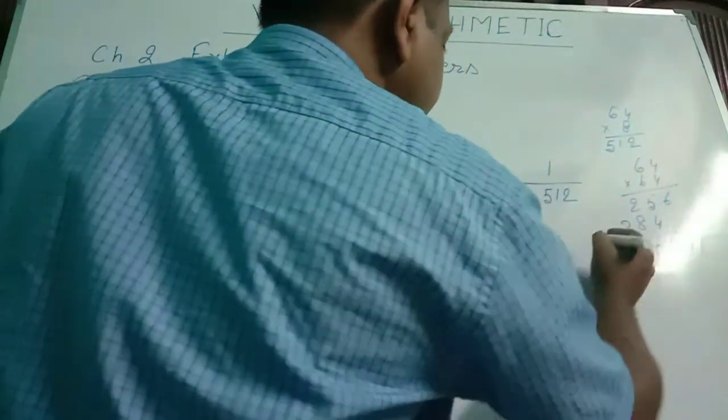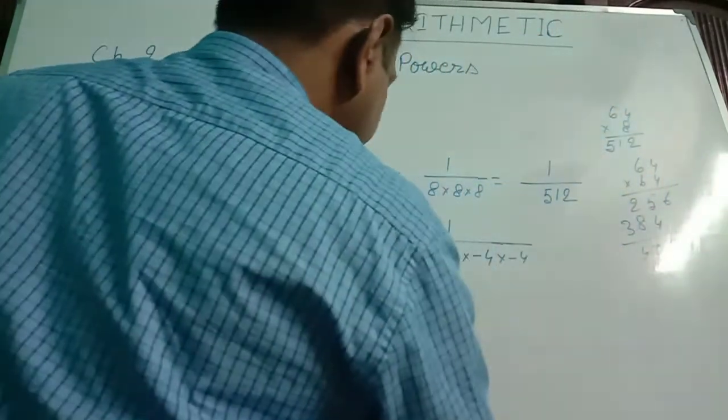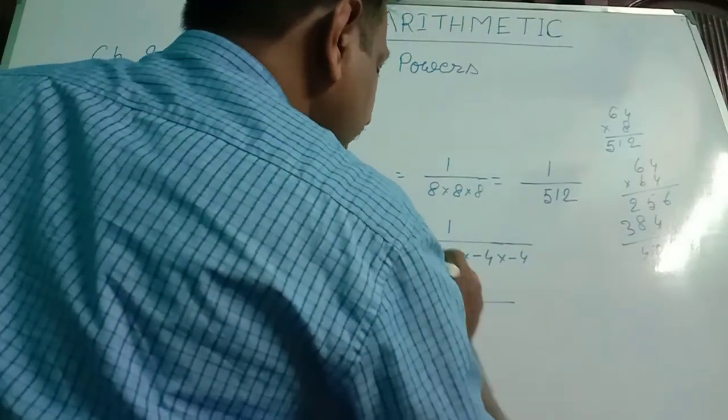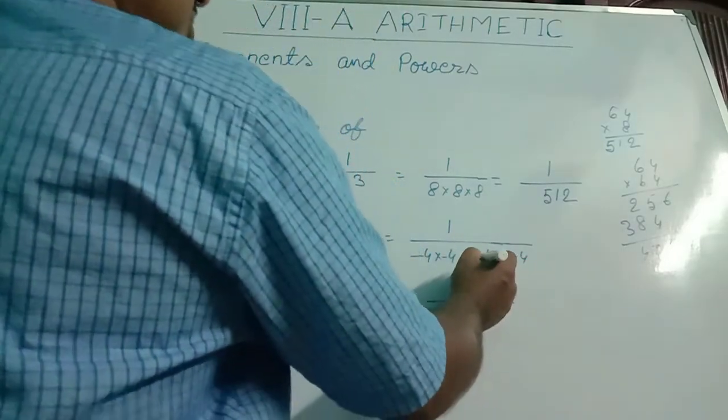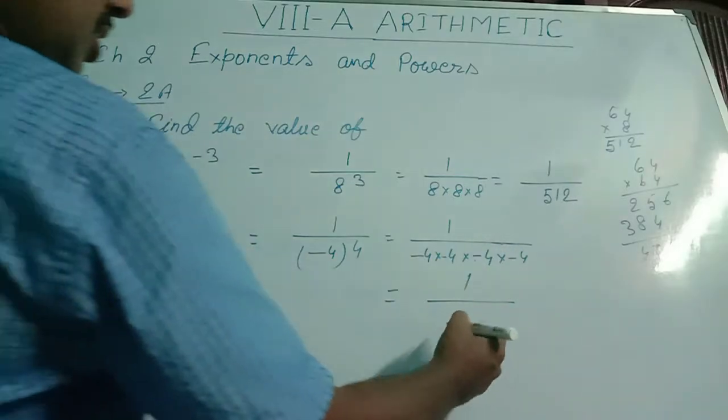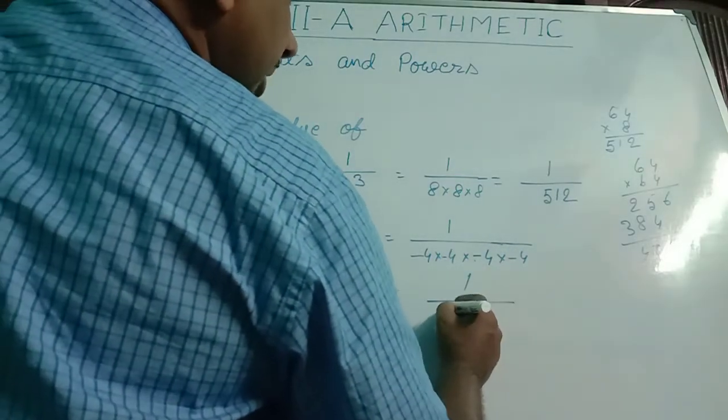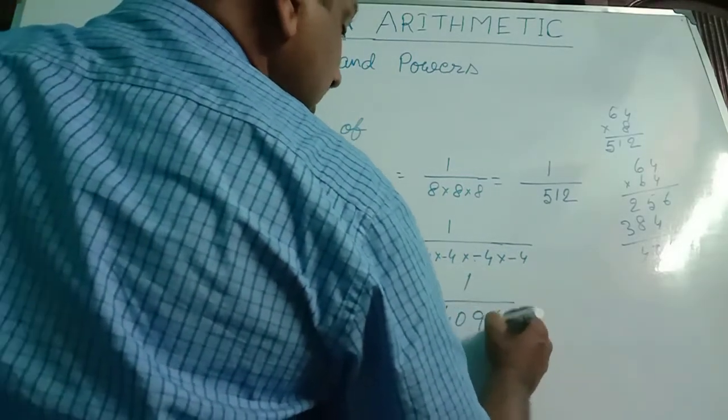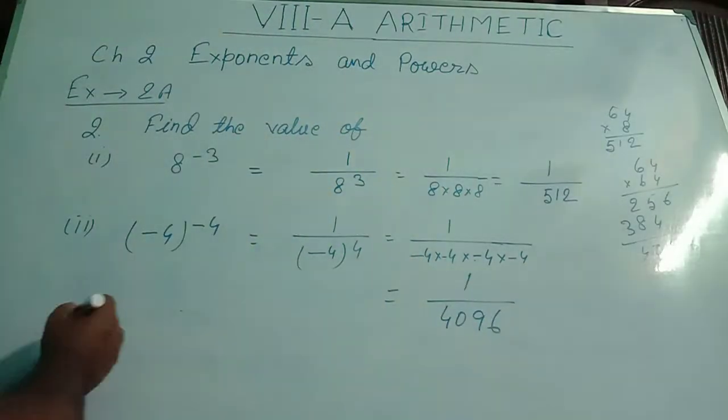So this became 1 by minus minus plus, plus minus minus and minus minus plus. This will be plus with plus 4096.